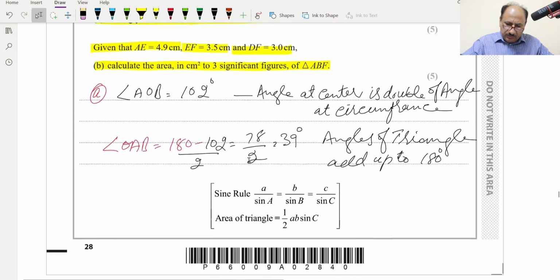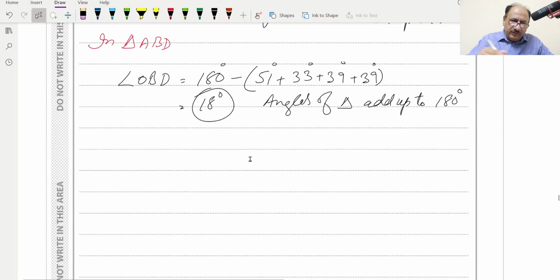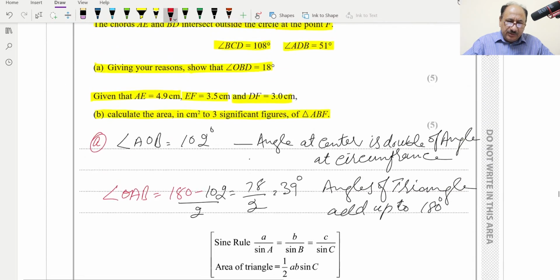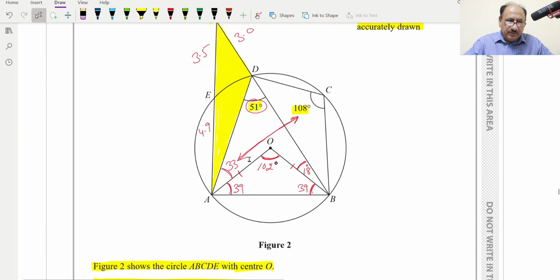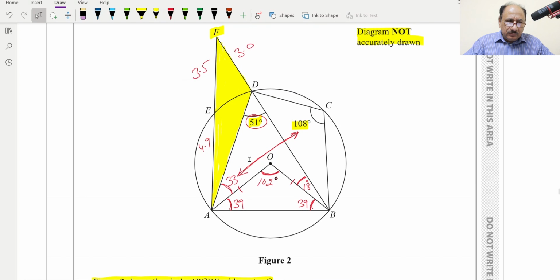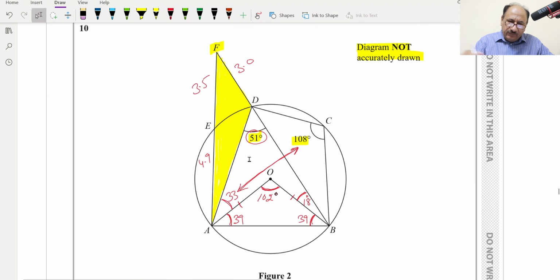In triangle AFD we will apply the sine rule to find angle A first. So angle A will be this one.